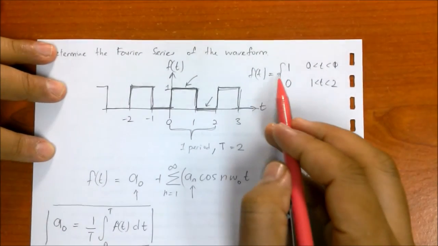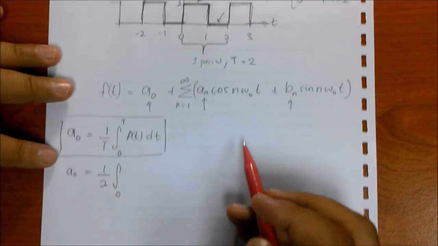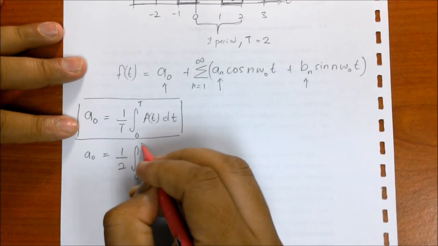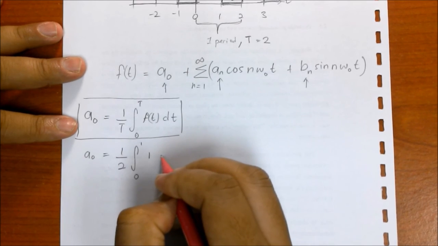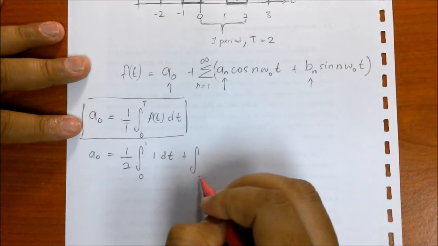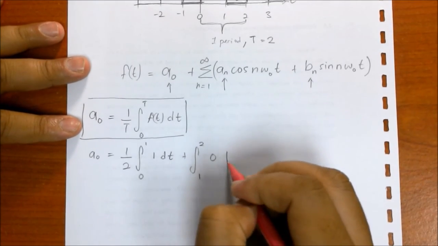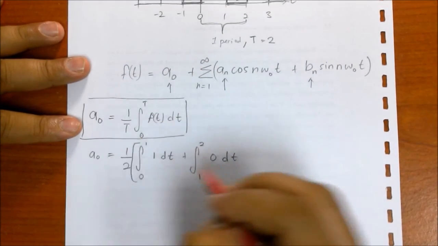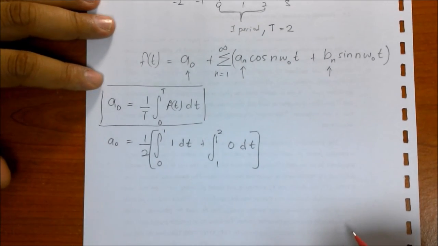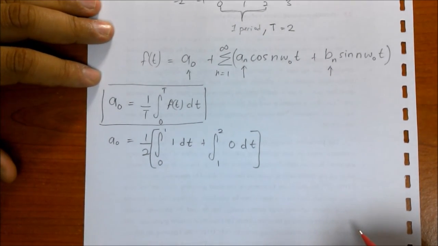Okay, so this is the f(t). So it's from 0 to 1 for 1 dt plus 1 to 2, 0 dt. So that is the way to write down the a0.